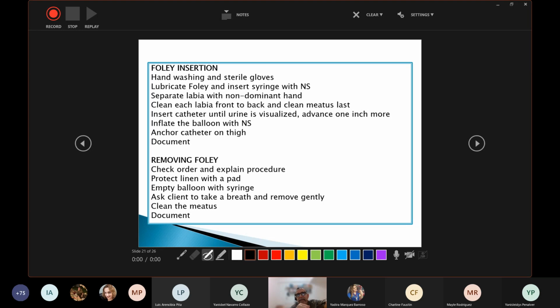To irrigate a wound, which is sterile, you use sterile normal saline and a sterile syringe, but you don't need to wear sterile gloves. Why? Because at no moment do you need to touch inside the wound or the tip of the syringe.